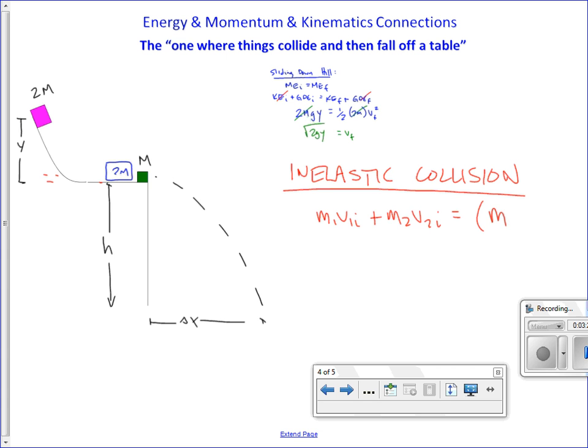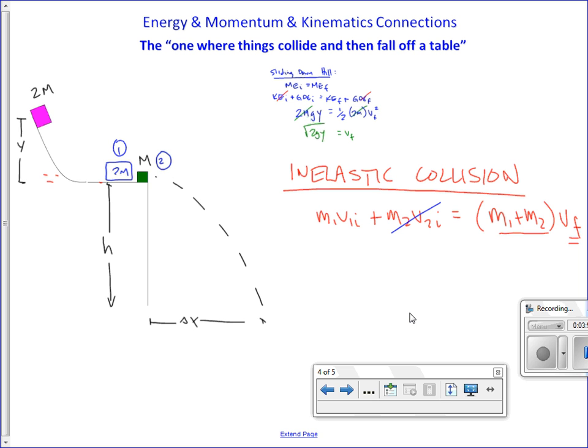I'm going to jump right to this if no one objects. Any objections? Oh, good. They stick together, move at one common final velocity, inelastic. Now I'm calling this object 1 and object 2.